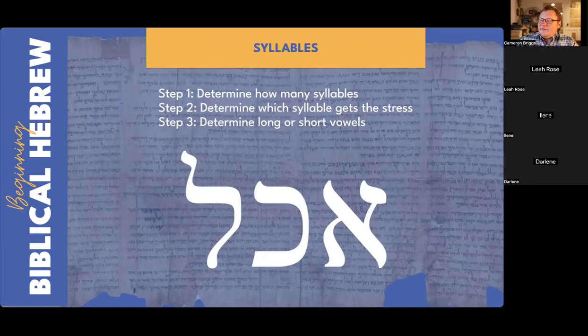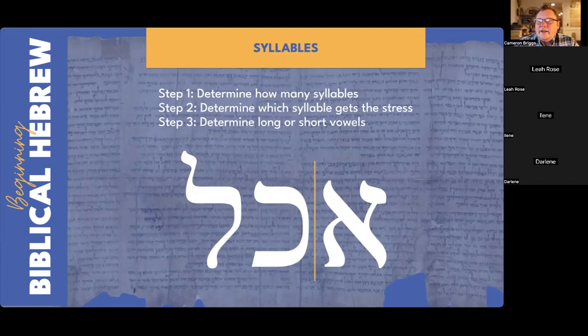So if we have 2 syllables, we're going to be putting vowel sounds underneath both the aleph and the chaf. So we're going to separate our syllable right there in between those 2 consonants. And we're going to determine which syllable gets the stress.